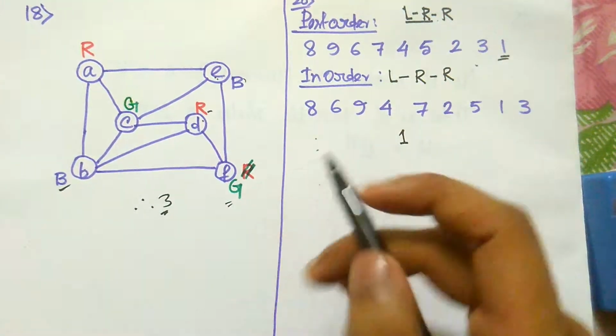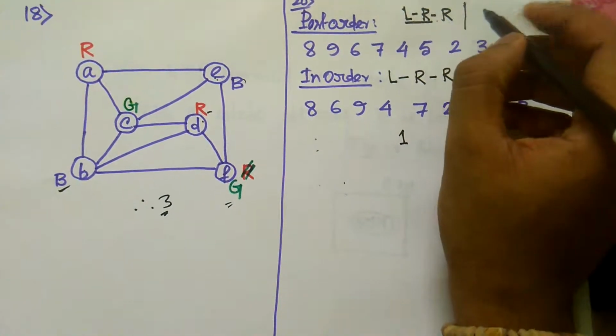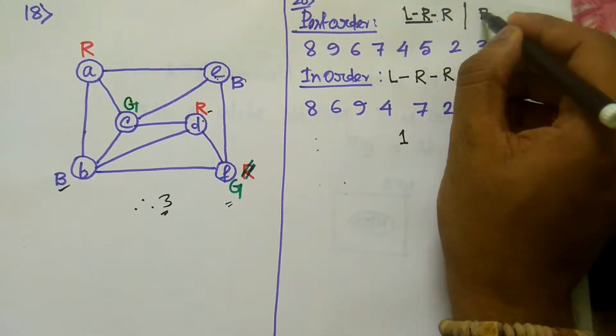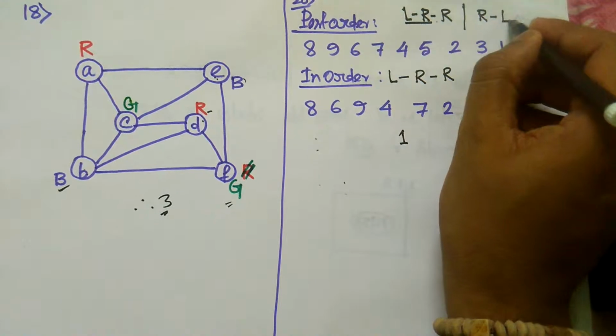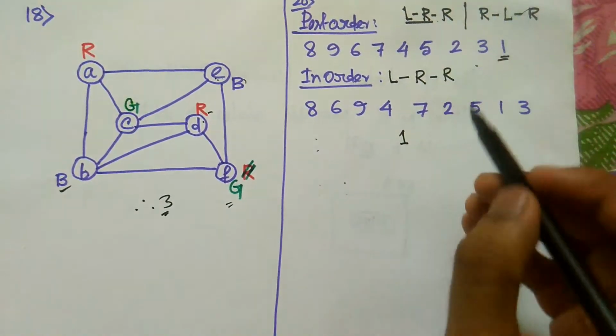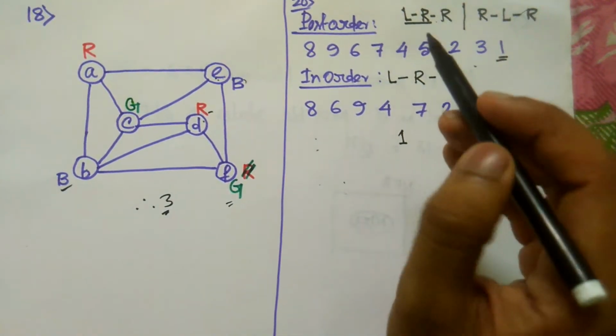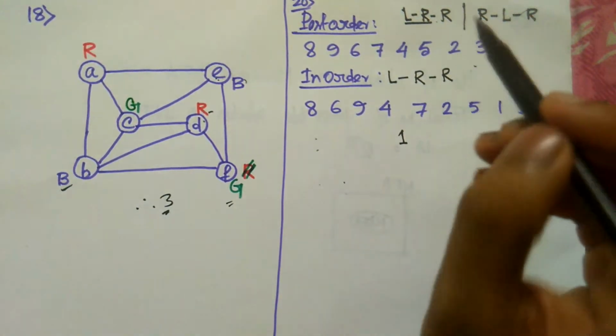So the left tree is always traversed before the right.